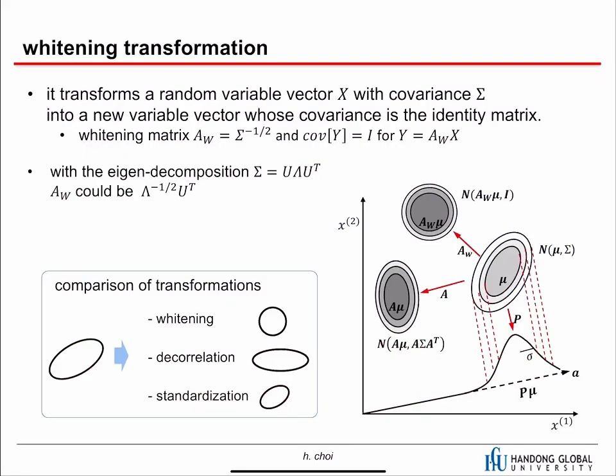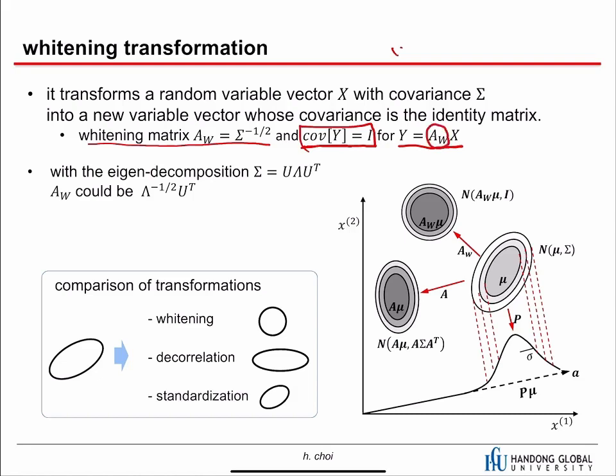And the next one is whitening transformations. It transforms a random vector x with a covariance sigma into a new vector whose covariance is the identity matrix. So let's say the whitening matrix is something like this. Then y is A sub w times x, and the covariance of y is identity.